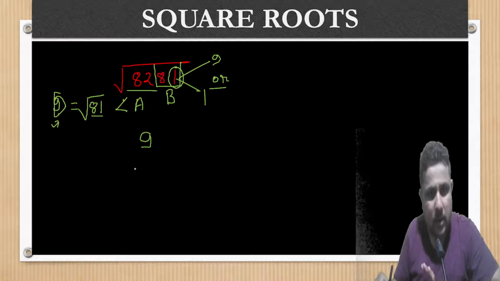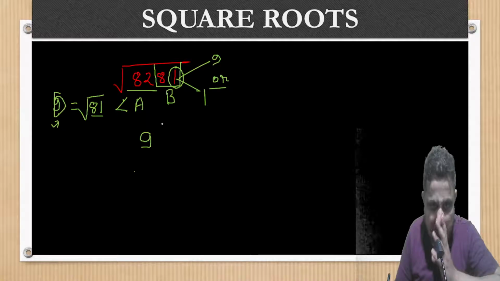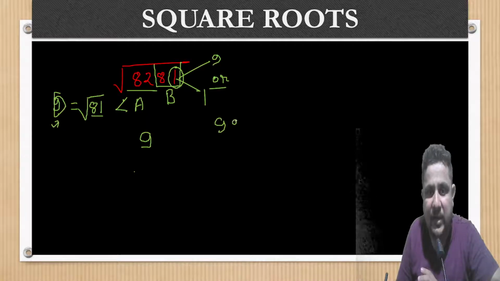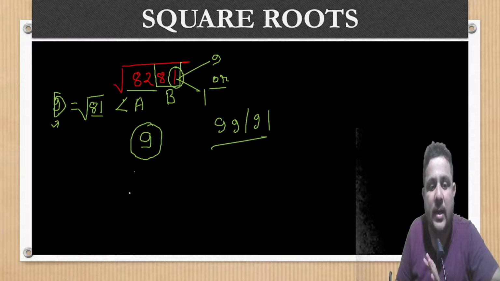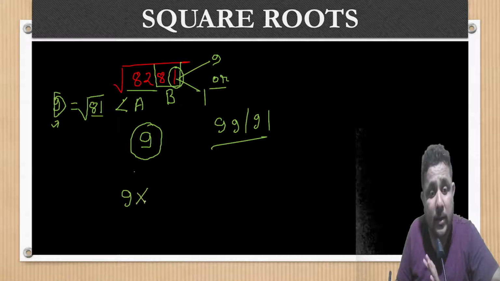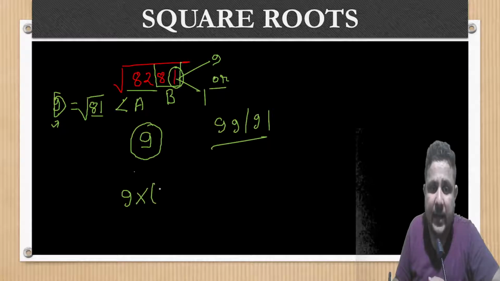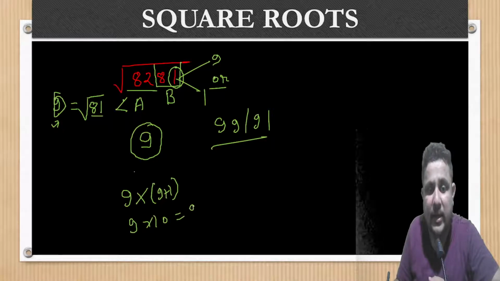Clear? Now you don't know if your answer is going to be 99 or 91. For that confirmation, you will multiply your first part of the answer with what? One number ahead, just above. So 9 multiply 9 plus 1, means 9 multiply 10. So you are getting 90 here.